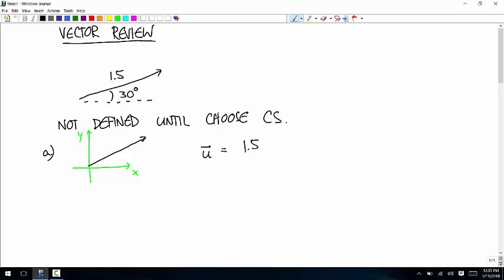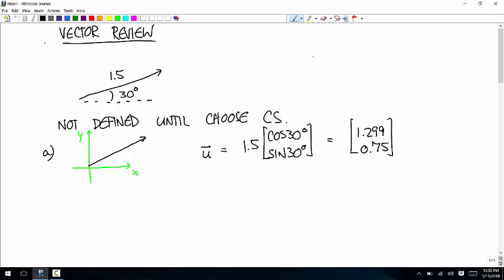So in this case, that would be 30 degrees, cosine and sine of 30 degrees. And so you get 1.299, 0.75.